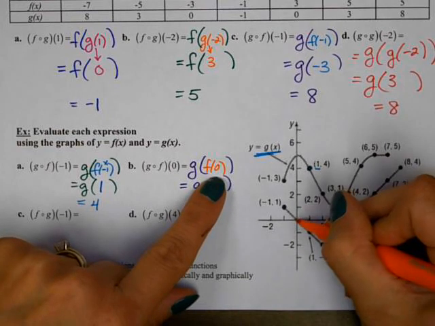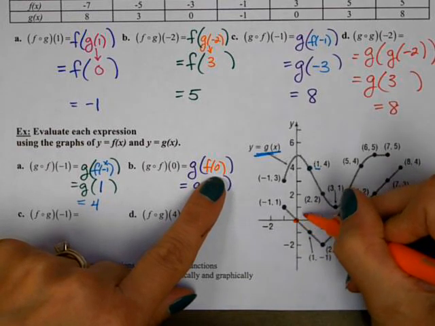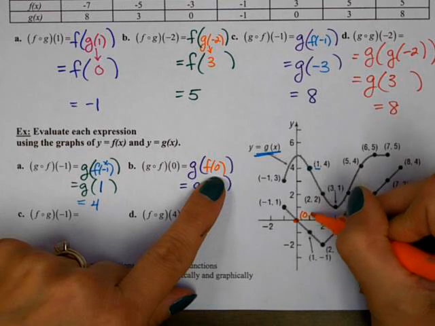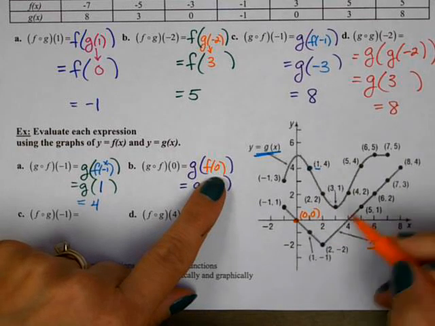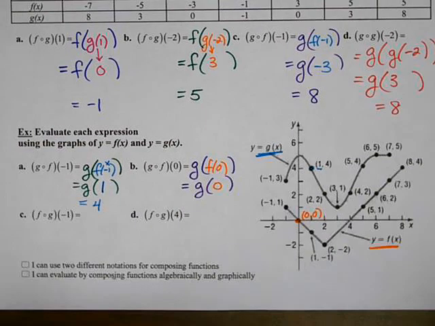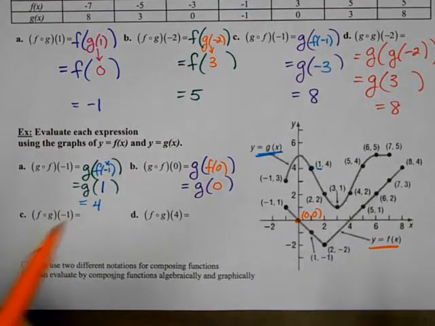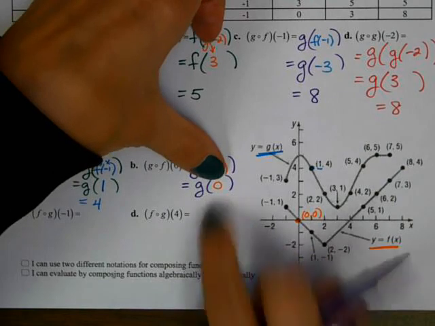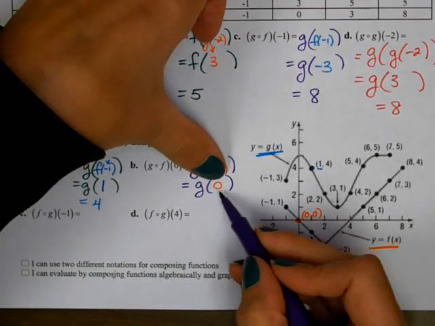I can draw my own little point. That's the origin. If it helps for you to write the point 0, 0, then go ahead and write the point. When 0 is the input, 0 is the output. But we're not done because now 0 becomes the input for the g function.